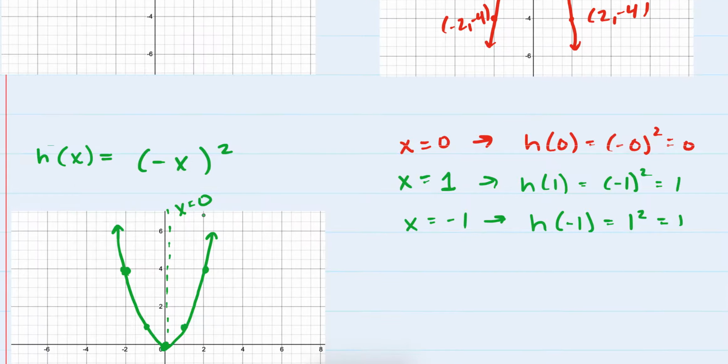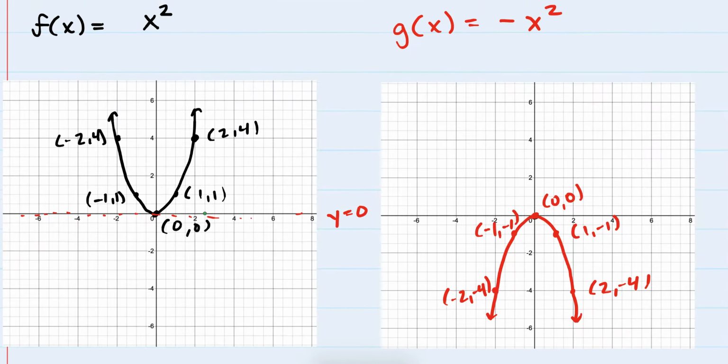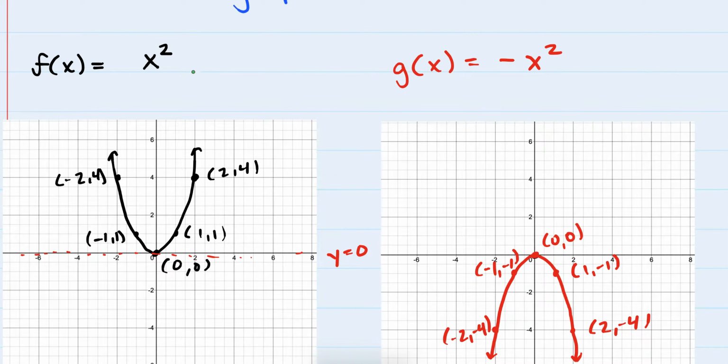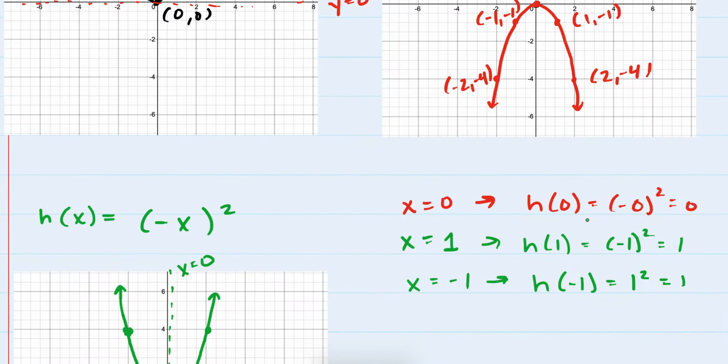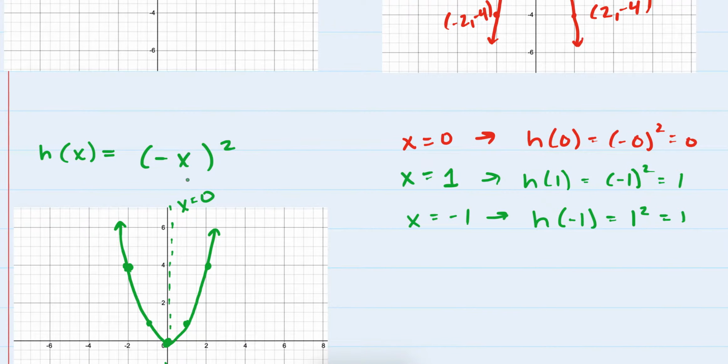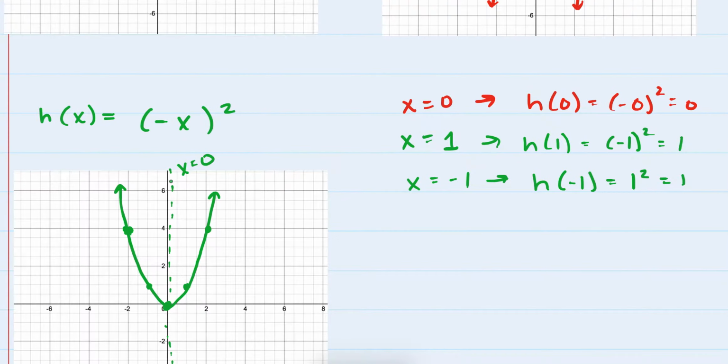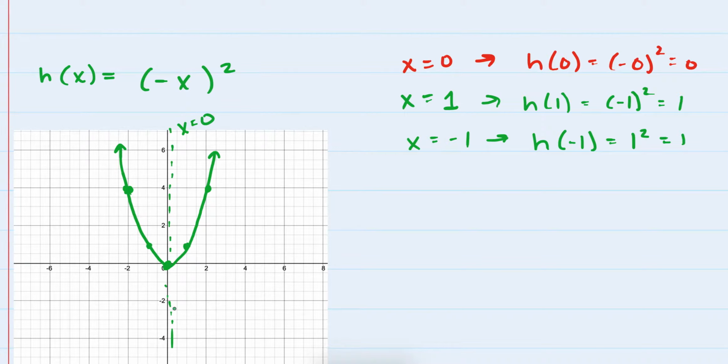So let me summarize what's happening. If you have a function and you put a negative 1 on the outside of that function, it reflects it about this line y is equal to 0, or in other words, the x-axis. If you put the negative on the inside of the function, it's going to reflect it about the line x is equal to 0, or the y-axis.